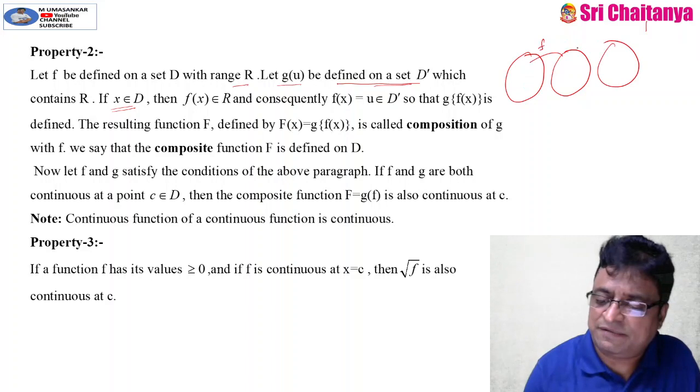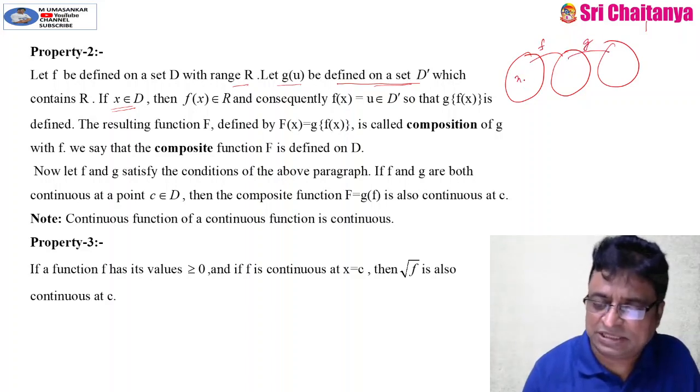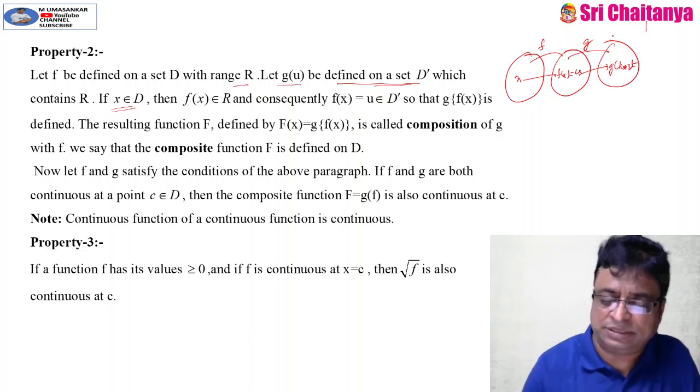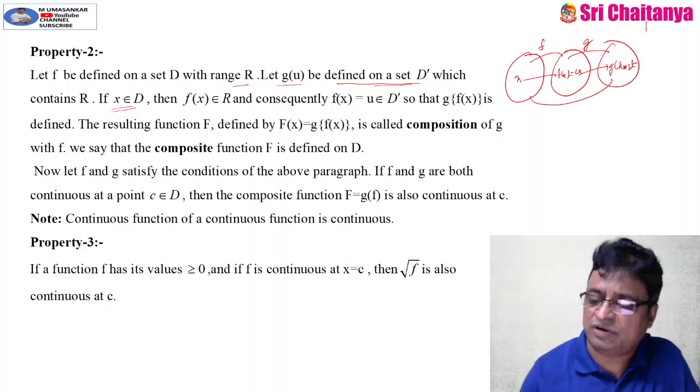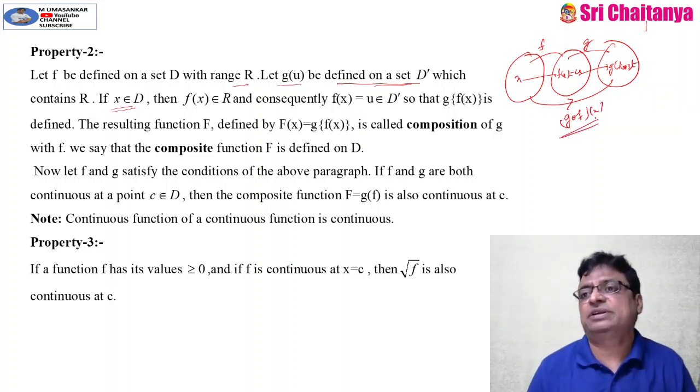This is my f, and this is my g, and if this is x, this is my f of x, and this is u, and this is my g of f of x. This is called g circle f of x. This is the composite of the function.